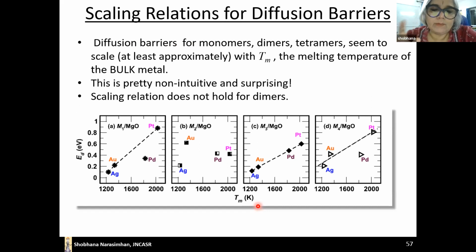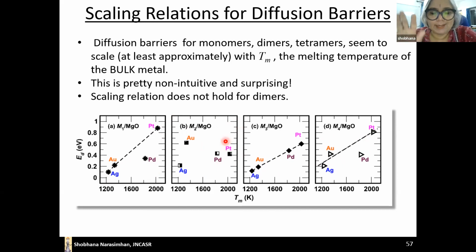And motivated by this, what we plotted was the diffusion barrier versus the bulk melting temperature of the metal. And I mean, it's not a perfect relation except for the trimers, but it's pretty good, okay? You do at least always get them in the order silver, gold, palladium, platinum, silver, gold, palladium, platinum, silver, gold, palladium, platinum, except for the dimers.